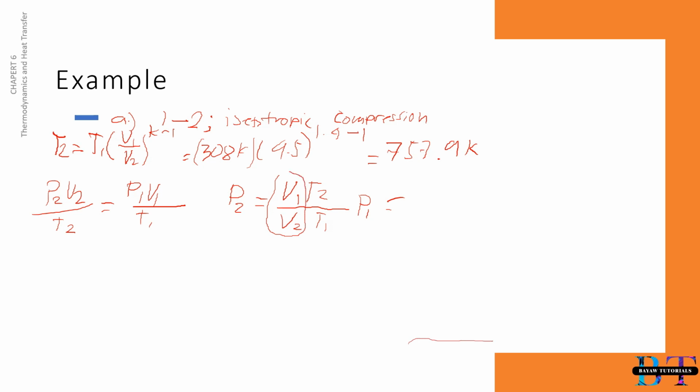Volume 1 over volume 2 is our compression ratio. So 9.5 times our temperature 2, that is 757.9 Kelvin, all over temperature 1, 308 Kelvin, times our pressure 1, that is 100 kilopascal.